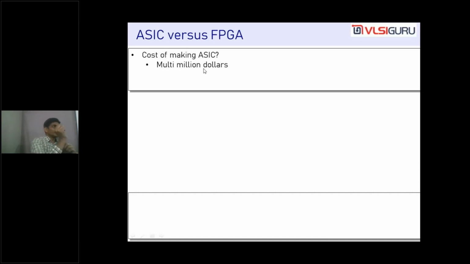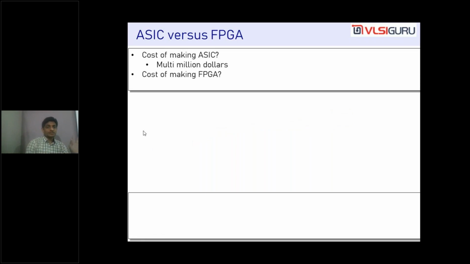But once you have implemented that flow, making each chip doesn't cost much. The flow is very costly, but once you have made it, each chip can be manufactured for $20, $30 or $10, based on the die area. But getting to that stage where you manufacture that small chip is very costly.